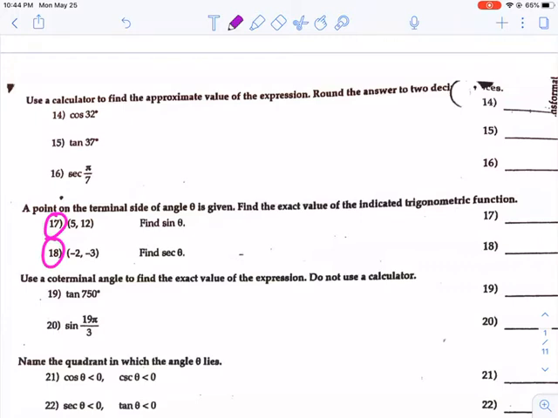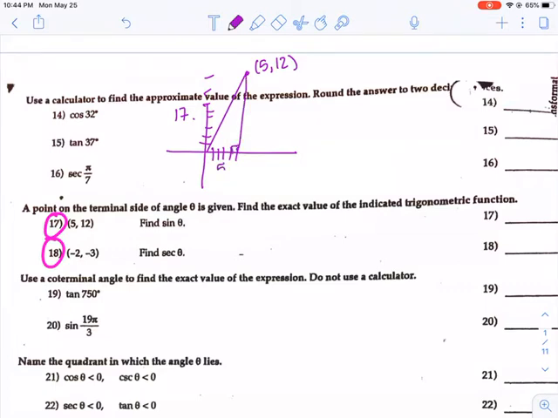So for 17, I have a coordinate, 5, 12. So I'm going to put it up here so I have some space. So where is 5, 12? 5 to the right, 1, 2, 3, 4, 5, 12 up. So maybe here. Once I have my coordinate, you're going to draw your triangle in. So your right triangle, you always have theta at the origin.